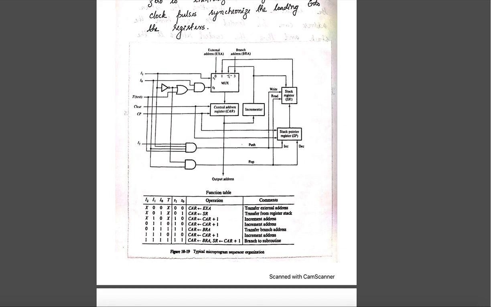Obviously, out of this, which one will be selected? 0 0 means the 0th value needs to be selected. So if the 0th value is selected, then it is an external address that is being loaded into the control address register. Correspondingly, the control address register will give that external address, and from the control memory we will read the microinstruction present at that external address. So that is how the first instruction will get executed.